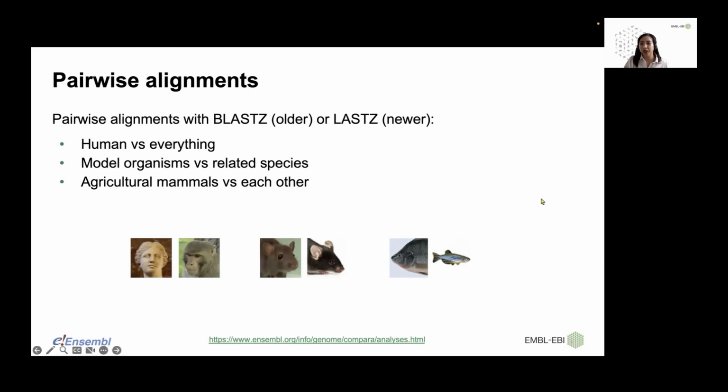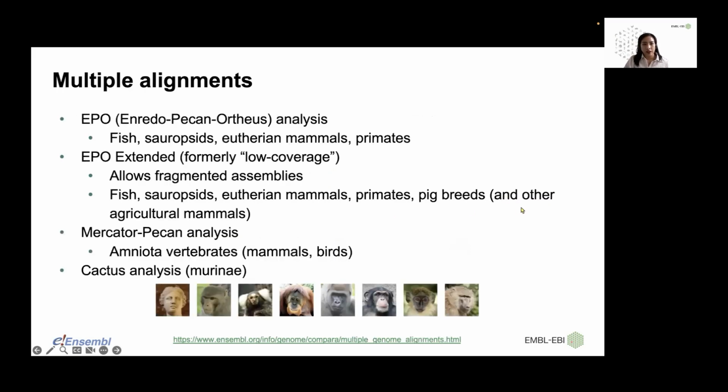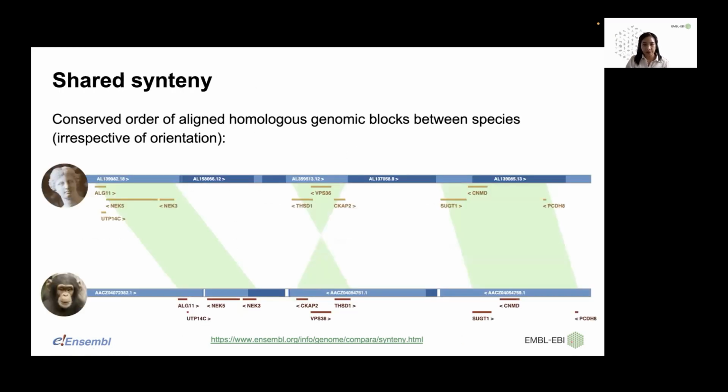For human, we align the genome against all vertebrate species, and we also align model organisms against related species and agricultural mammals against one another. We also perform multiple alignments against predefined species sets.